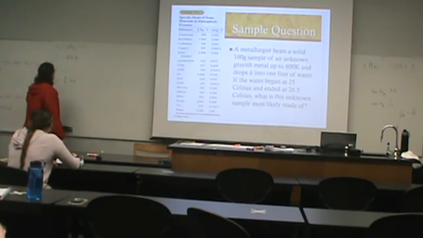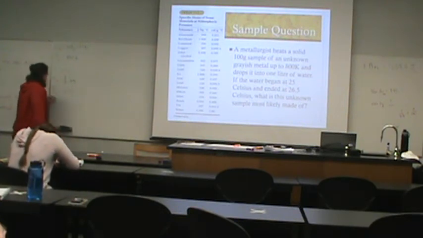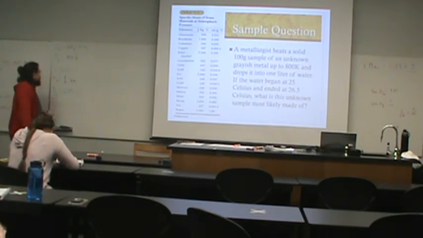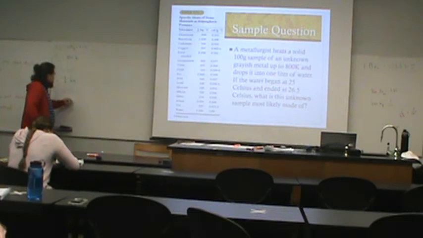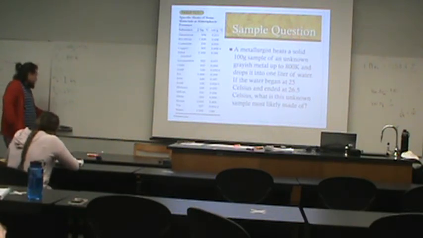We know temperature, initial, water, 25 Celsius. And the temperature final for both objects combined is 26.5 Celsius. We're working with water, and water has a known specific heat.